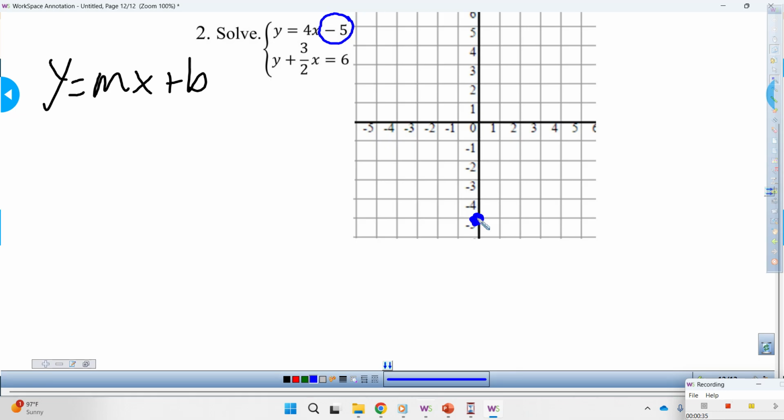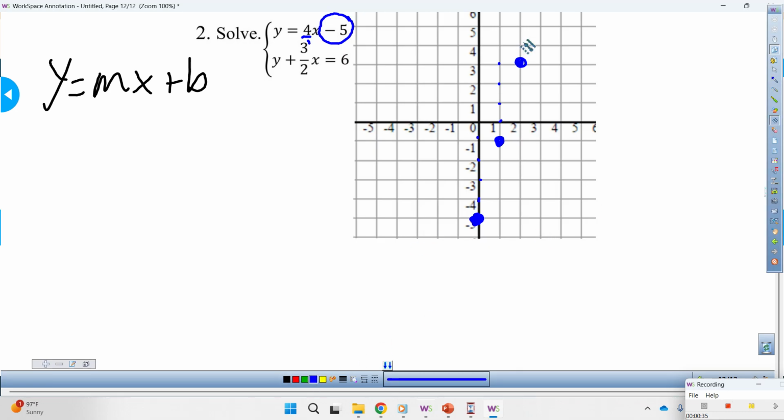And what is our slope, Autumn? 4, and in fraction form is 4/1. So that means 4 steps up, 1, 2, 3, 4, 1 to the right, plot your point, do it again, 1, 2, 3, 4, 1 to the right, plot your point, graph your line.